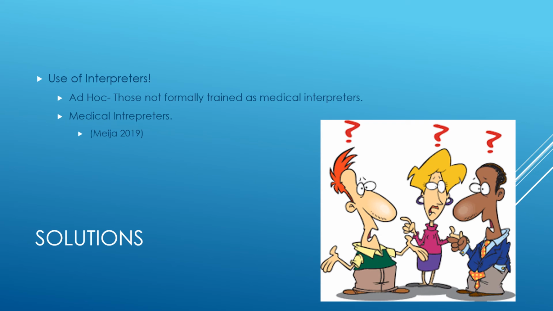So, how can we as healthcare professionals help bridge this gap and help solve this problem? That's the use of interpreters. There are ad hoc interpreters. These are people that are not formally trained as medical interpreters, but they are fluent in the language and can help communicate the message that needs to be communicated.